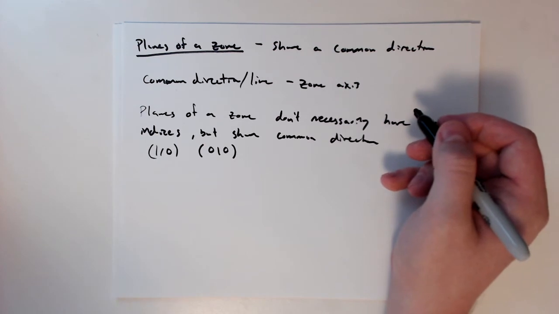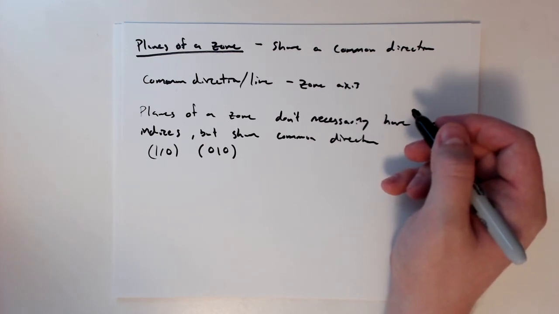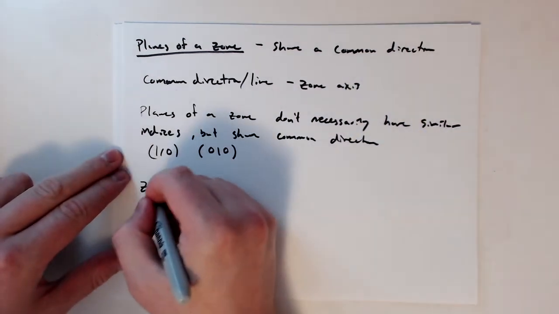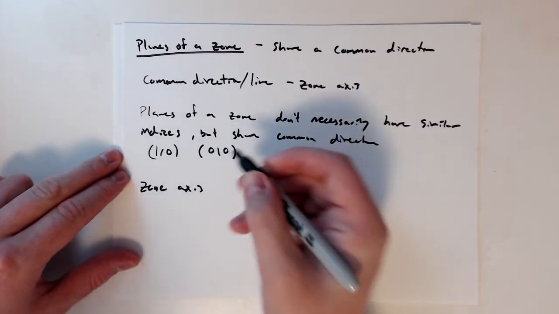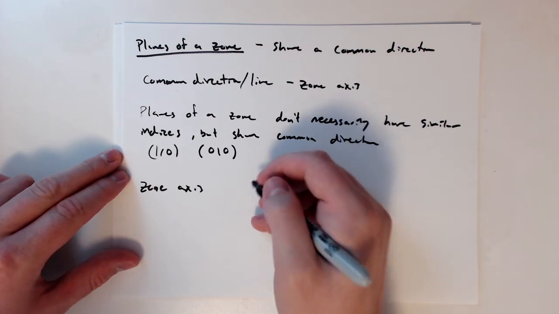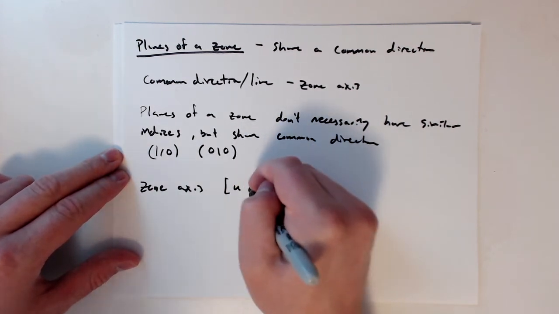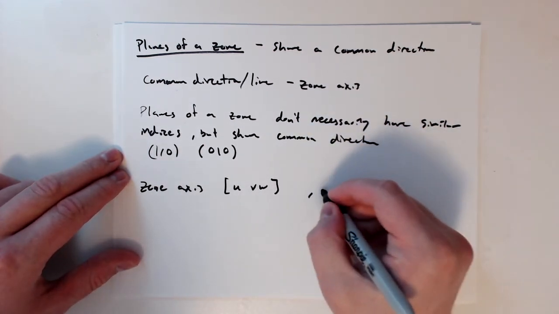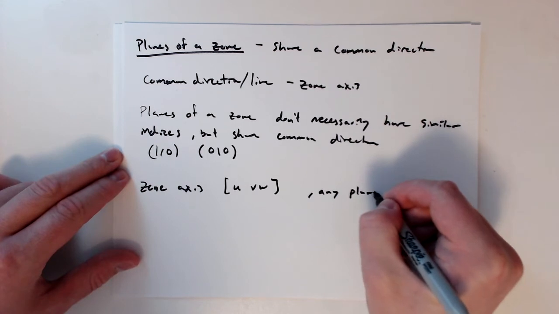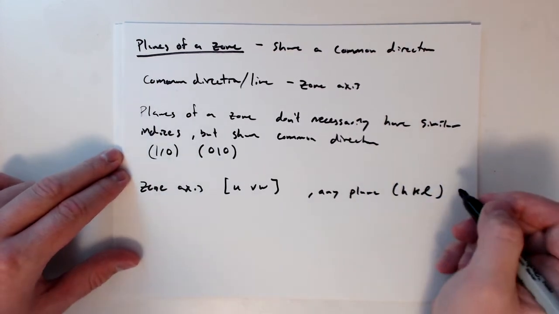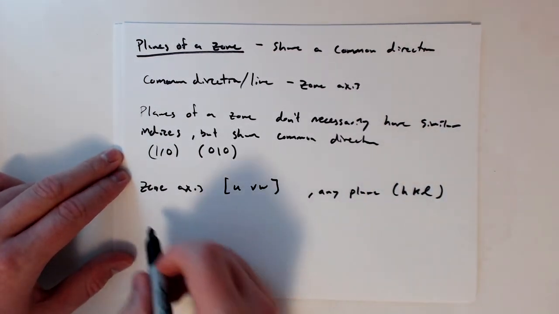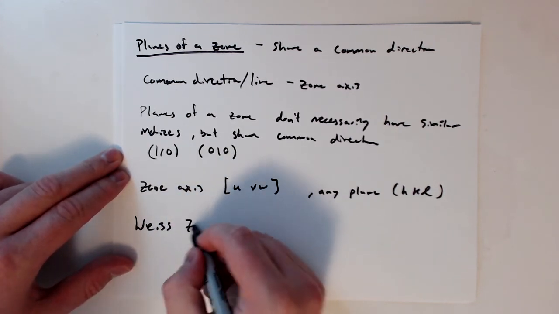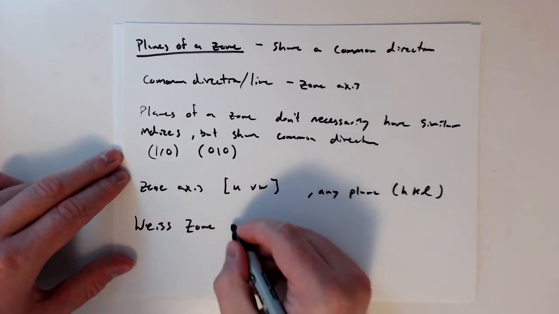All right, and so we can formalize this using the dot product. So if we have a zone axis and we define that as a direction, so it's going to be u, v, w, and we look at any plane h, k, l, if it belongs to the zone, it has to follow what we call the Weiss Zone Law.